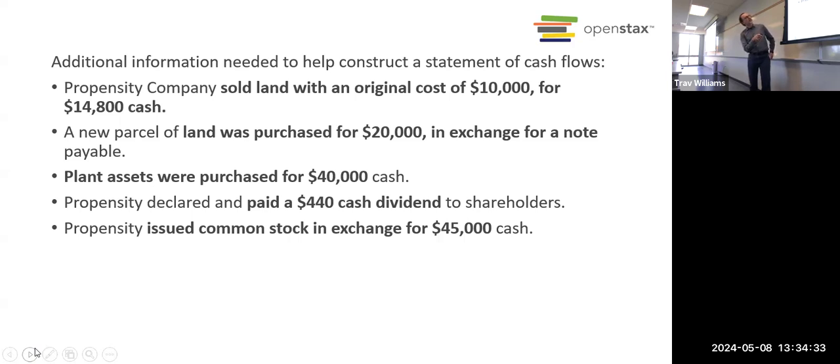Okay, we also bought some plant assets, so maybe some equipment for our factory or something like that. $40,000, we paid cash. Which section of the statement of cash flows would that show up on? Operating, investing, or financing? We bought some equipment. Where does that go?